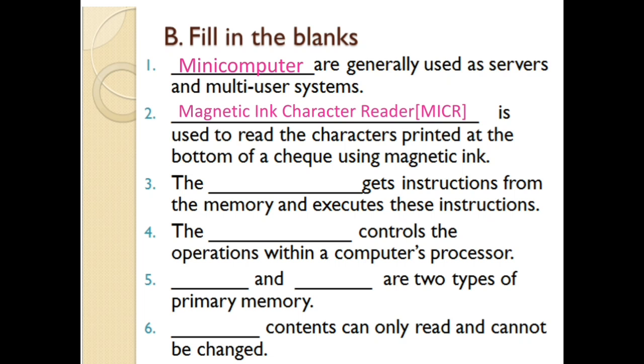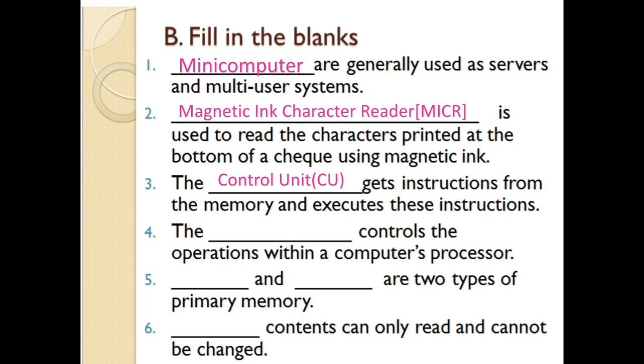The next one: the dash gets the instruction from the memory and executes these instructions. So which one gets the instruction from the memory? Control unit. In the control unit it will get the instruction and execute those instructions.